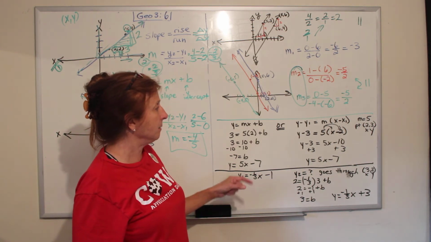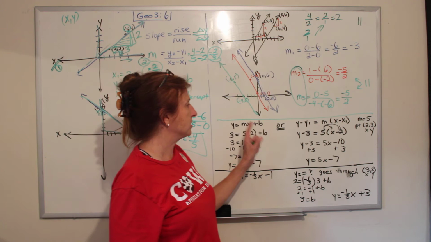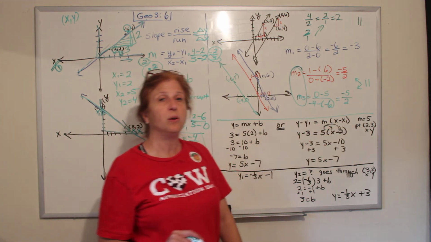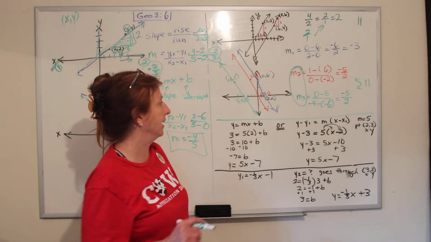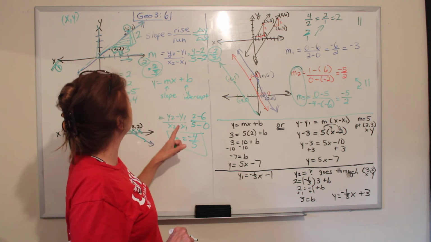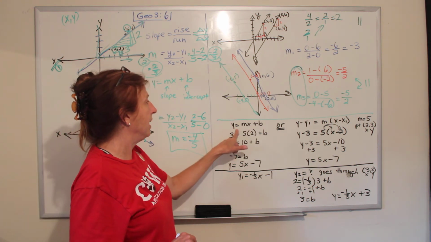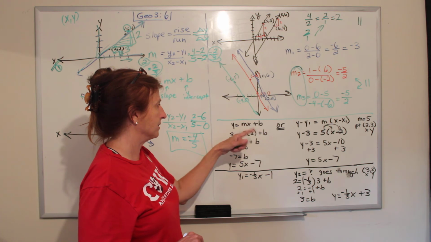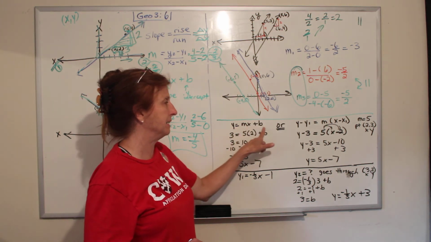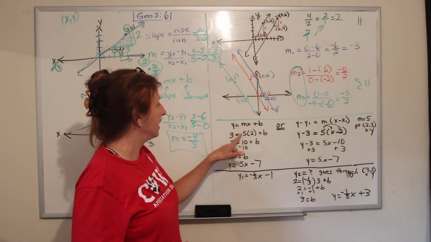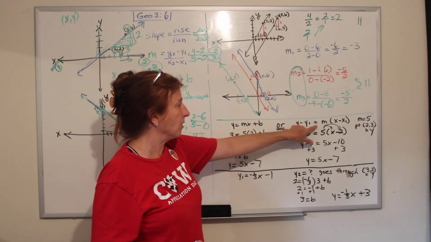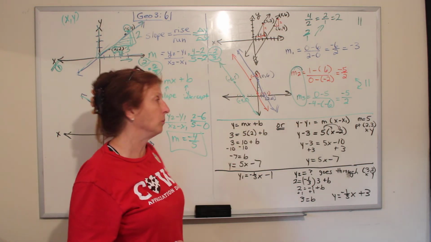All right, sometimes they will give you a slope and a point, and you have to figure out the equation of the line. If you remember from Algebra 1, the equation of a line in slope-intercept form is y equals mx plus b. There's also one called point slope, and either one will work.